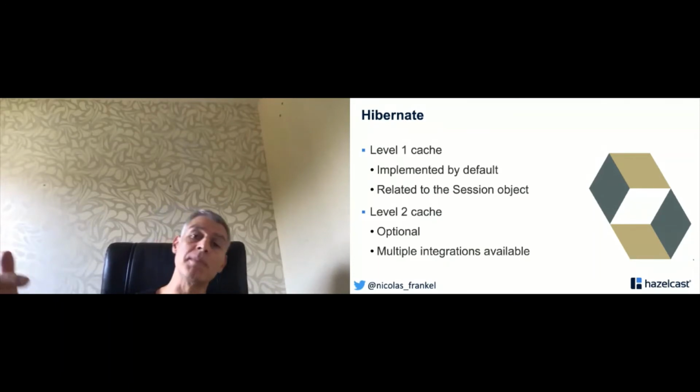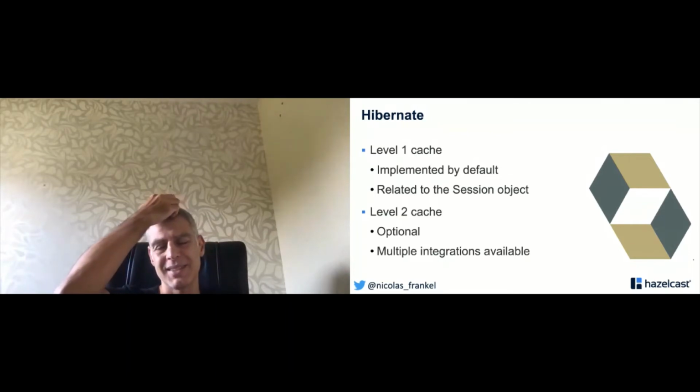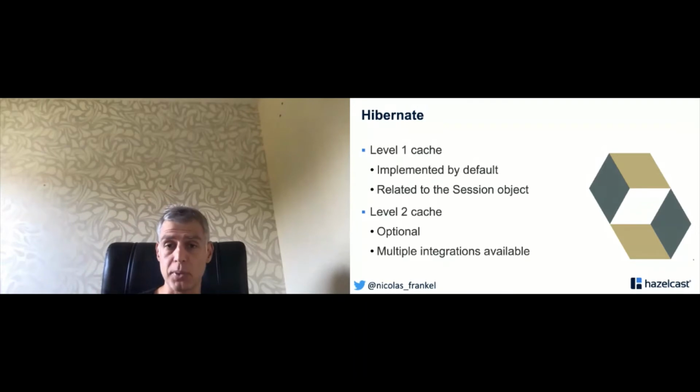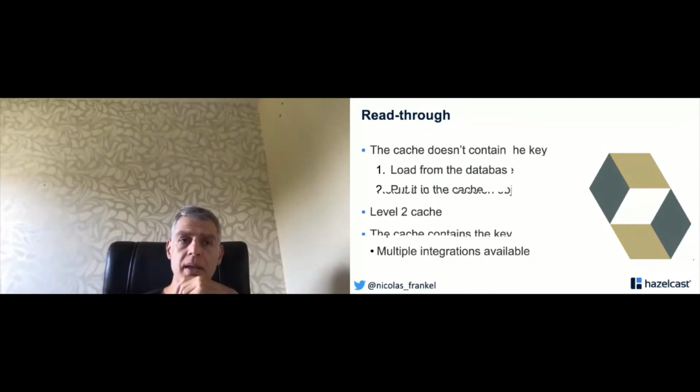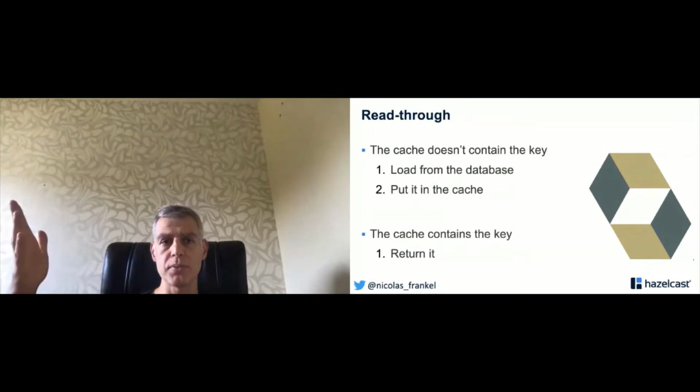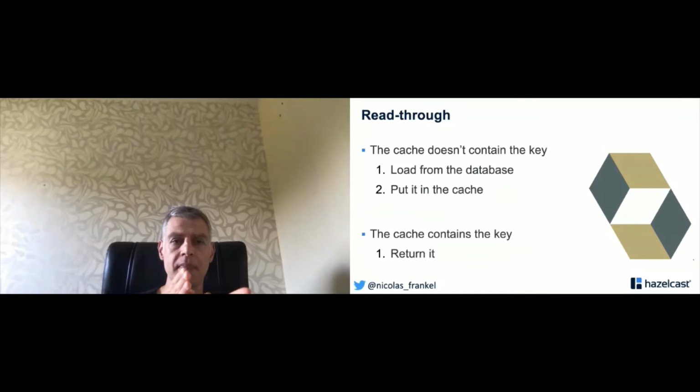If you want to improve upon that, what you can do is set up a level 2 cache. This one is optional, it's not enabled by default, and there are multiple integrations available. Of course, Hazelcast is one of them. Basically, you can do read-through: you do the query with Hibernate, and Hibernate will try to read the key from the cache.